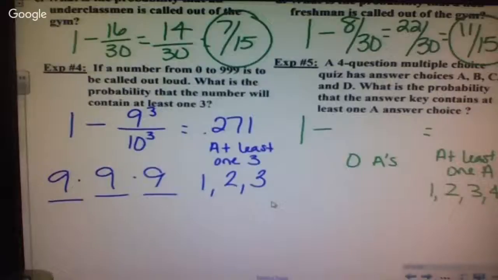So if I'm looking at no A's, that means I can get a B, a C, or a D. So I've got 3 choices to the 4th power because it's 4 questions, over, originally, 4 choices to the 4th power.